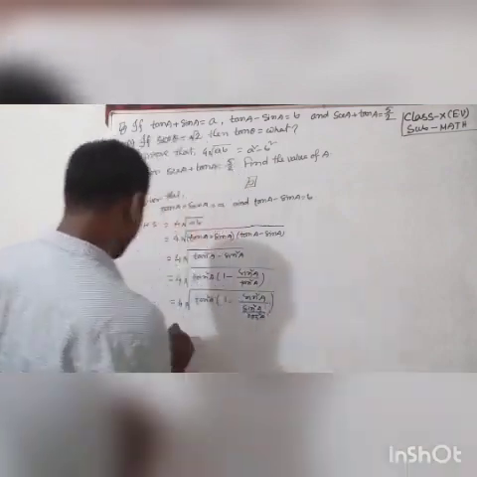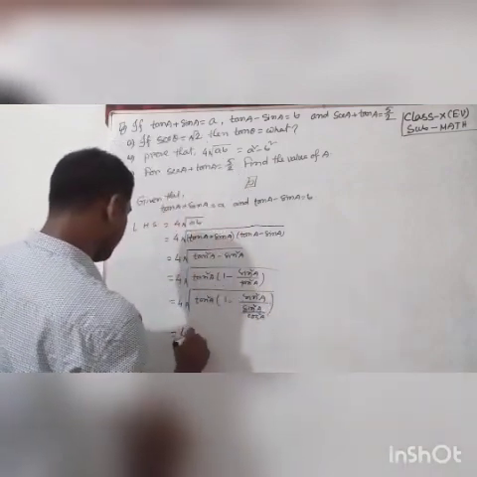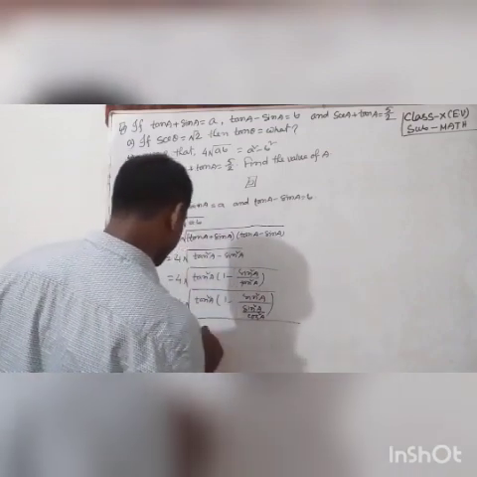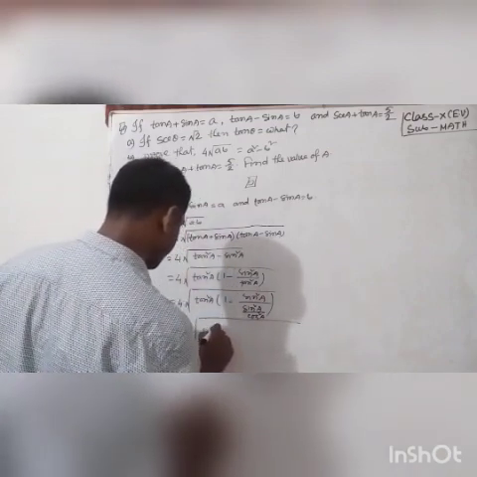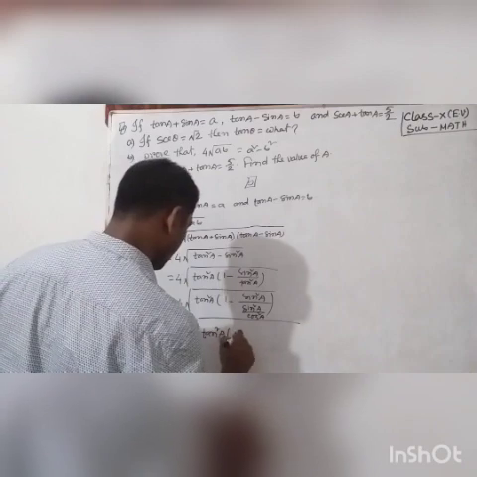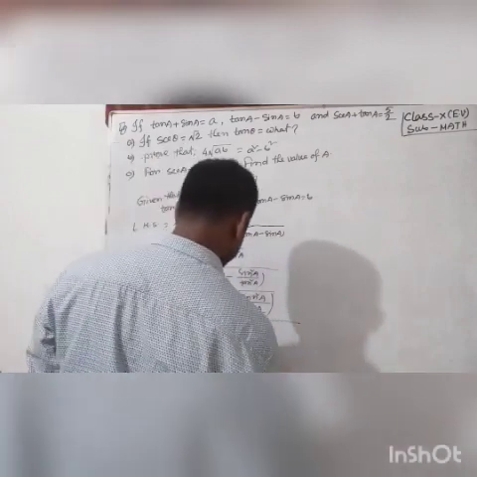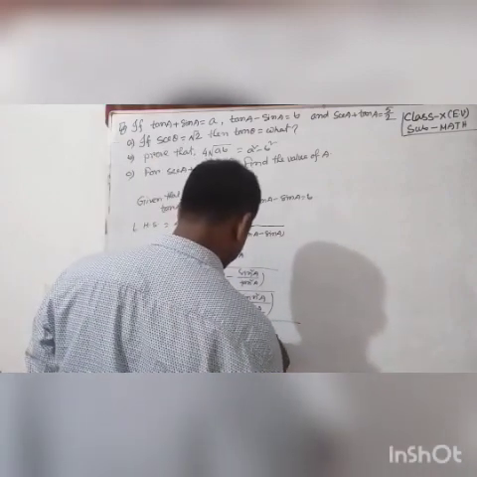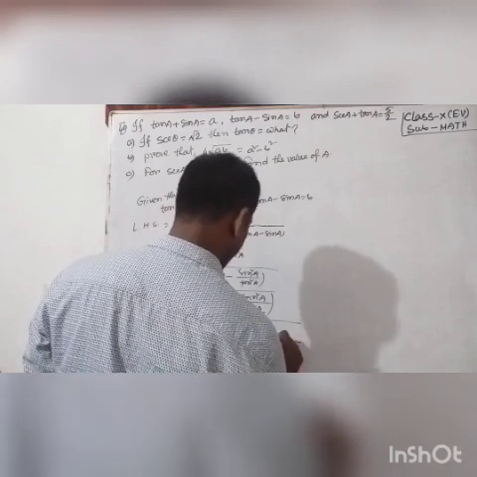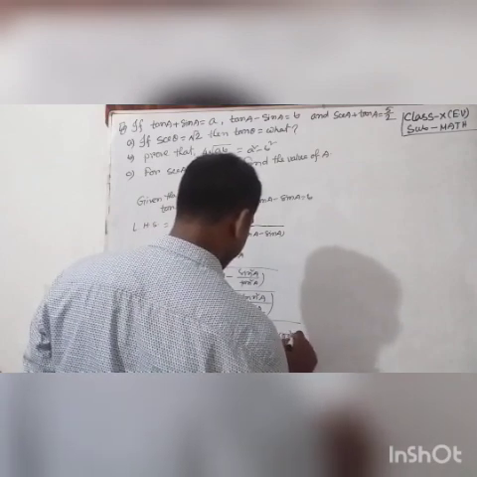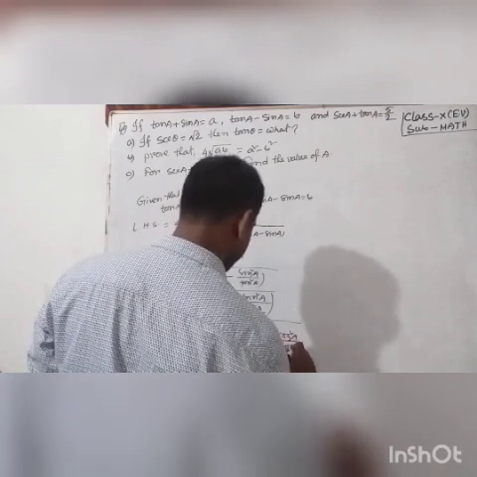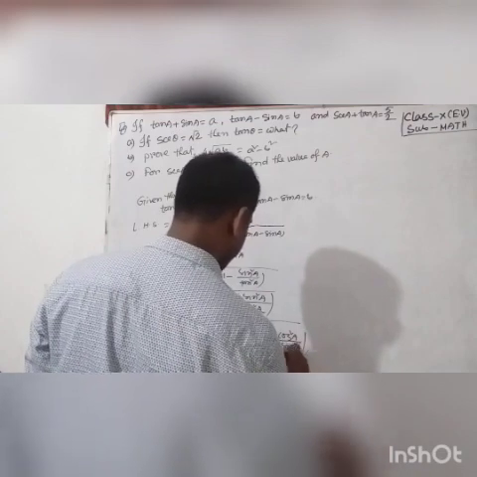Or 4 root over tan square a, 1 minus sin square a into cos square a by sin square a.